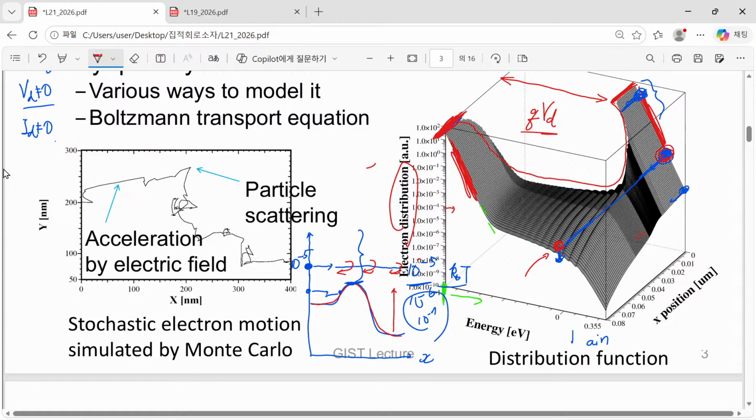So it means that if you inject some electrons, then some of them are reflected and some of them eventually arrive at the drain. And another thing is, now you can see this wavy shape here.